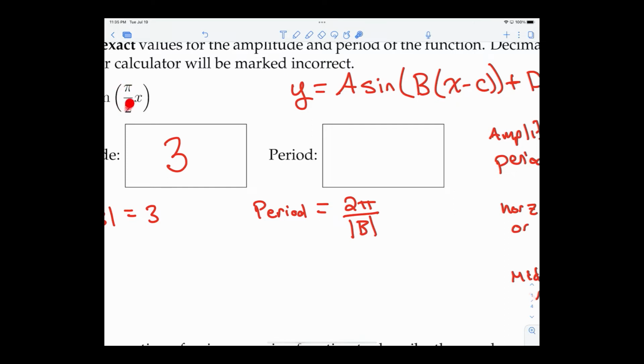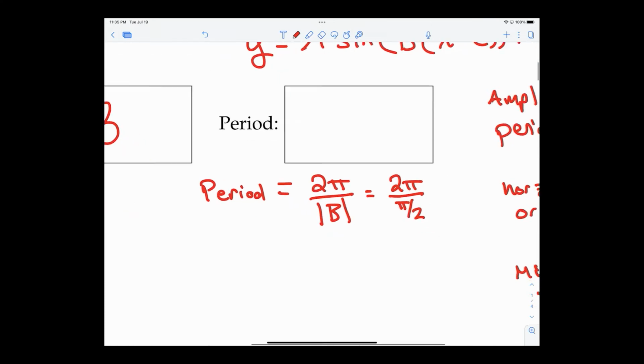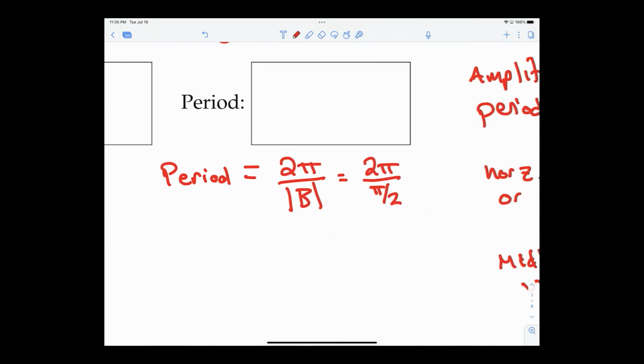In this case, the B is pi over 2. So you have 2 pi over pi over 2. I don't really need to write the absolute value because that's a positive number, and the absolute value of a positive number is just the number. So you have 2 pi over pi over 2.